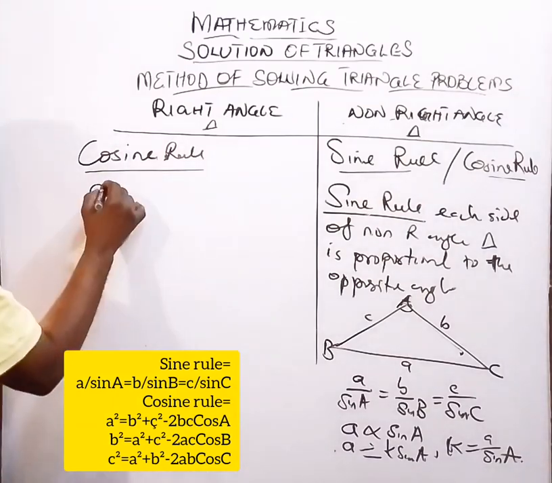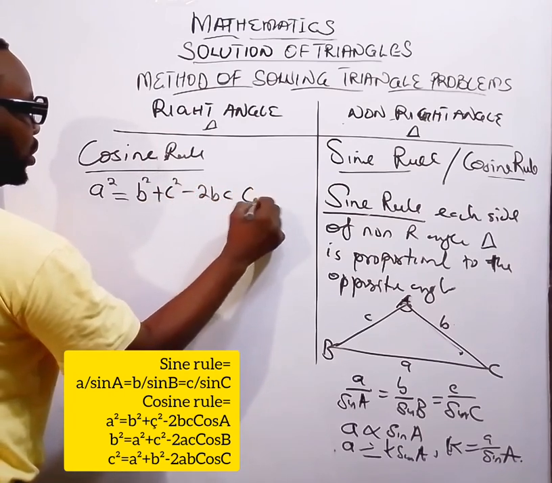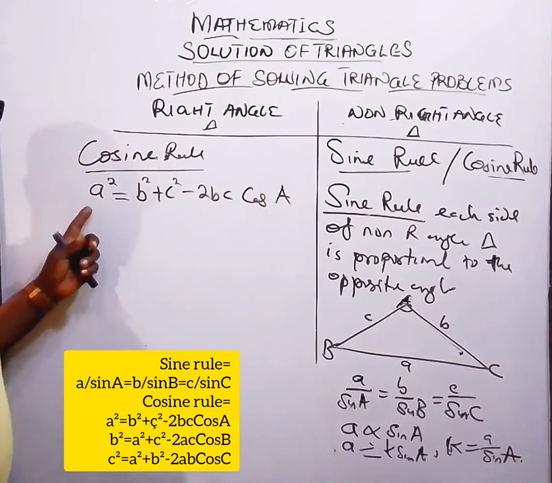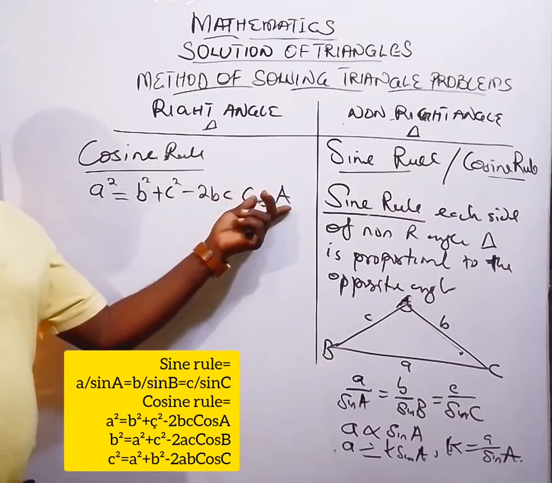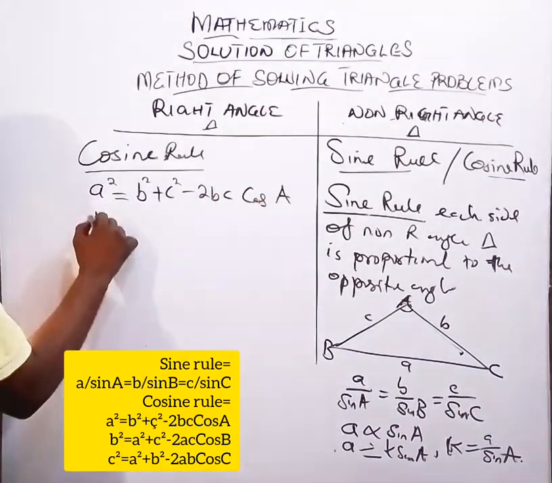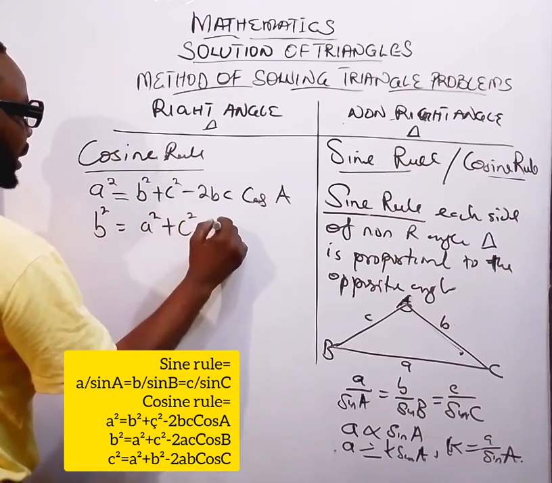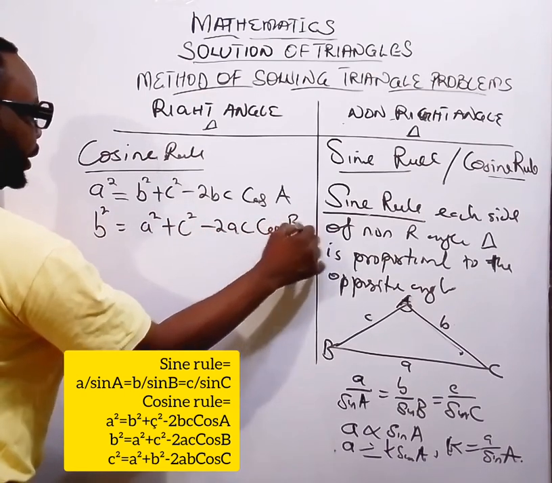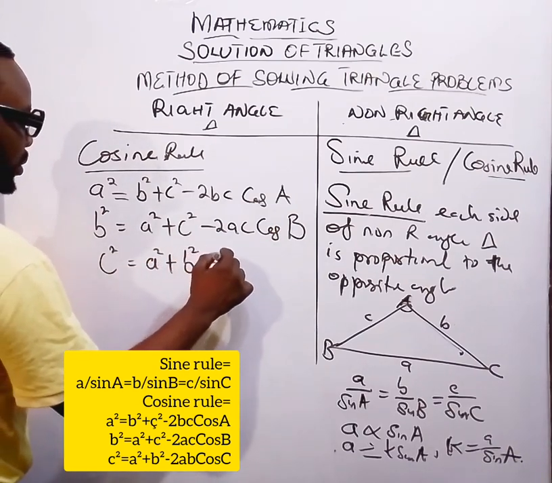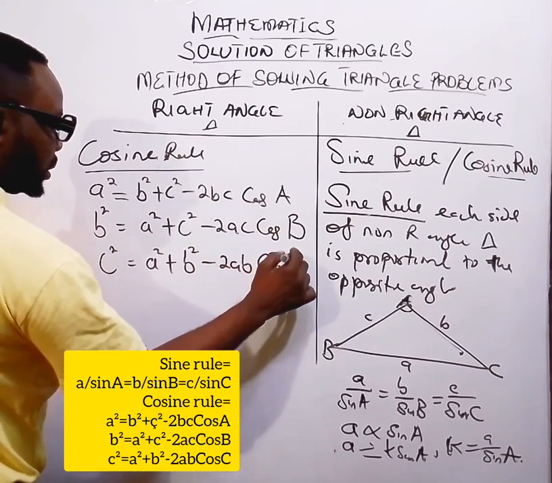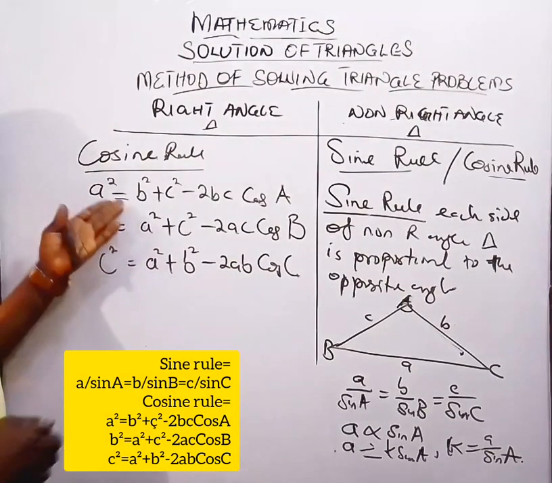Take note of that. a squared is equal to b squared plus c squared minus 2bc cos A. In the cosine rule, this is the side that is equal to all the information here, and we also have its cos. b squared will be equal to a squared plus c squared minus 2ac cos B, where c squared will be equal to a squared plus b squared minus 2ab cos C. This set of information is what we refer to as the cosine rule.